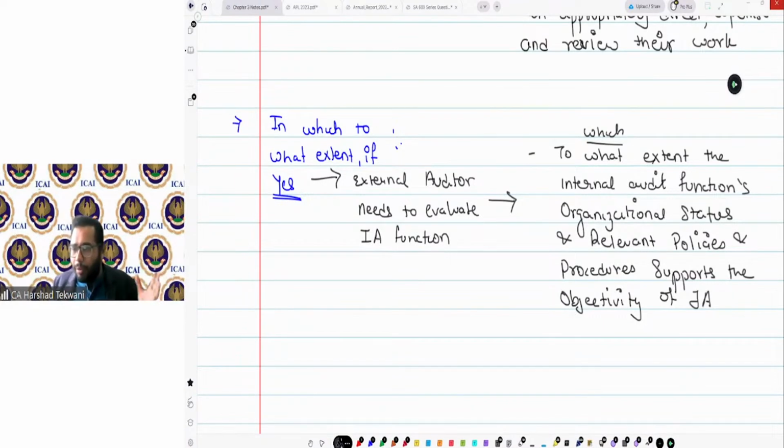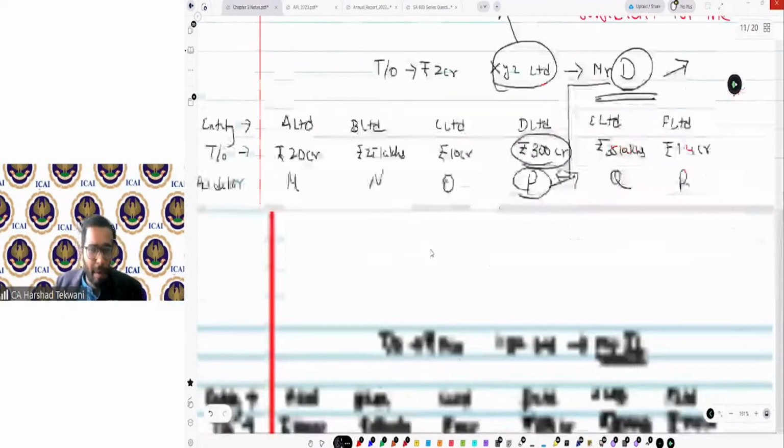We have discussed that already when we discussed the fundamental principles. Organizational status plays an important role, because at times it is very important to determine whether there is any undue influence or conflict of interest with respect to the internal audit function's objectivity. How? I'll tell you with an example.